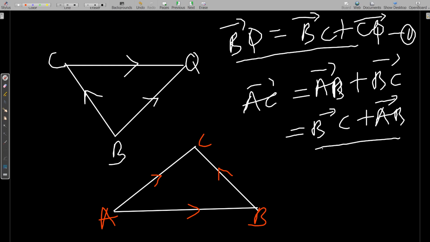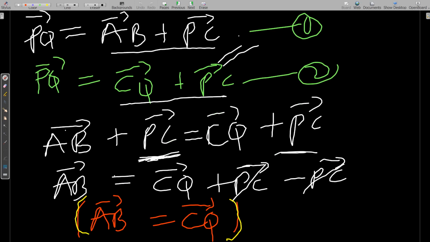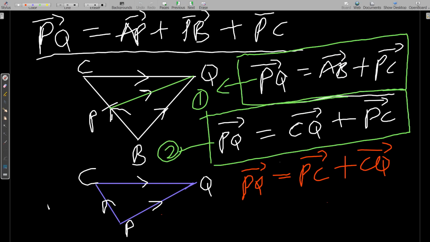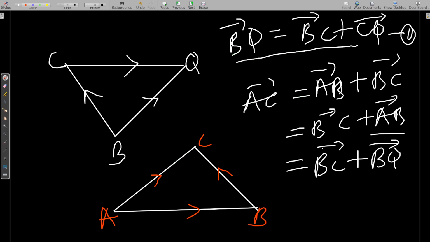Remember, in our first relation that we did in the first equation, we've been able to prove that, let me go and show you. We've been able to prove that AB is equal to CQ. So if you come back and look at what we are doing here, AB is supposed to be equal to CQ.